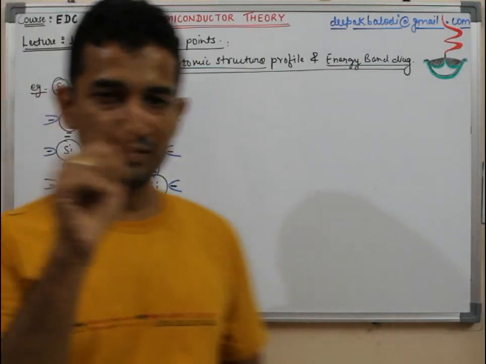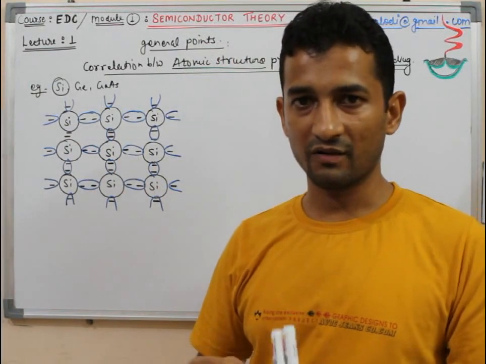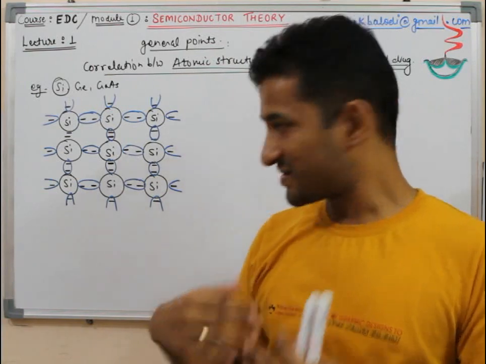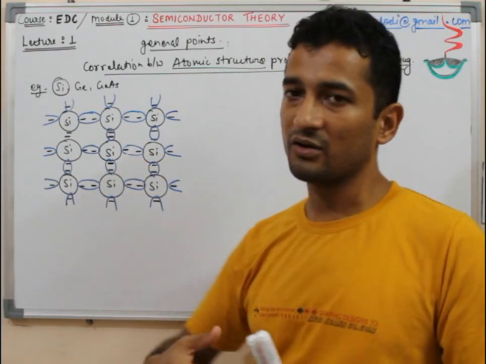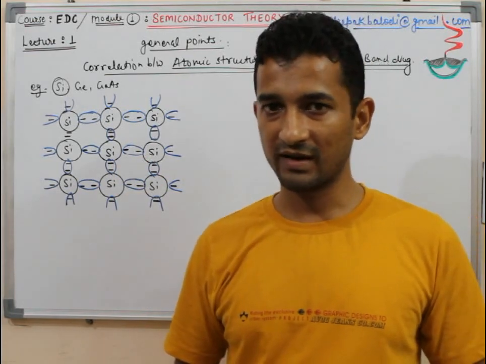This blue mark is not a physical threading or physical tightening. It is basically an assumption, or we perceive it like these two electrons are in coordination. They are in mutual bonding, and that bond is called a valence bond.